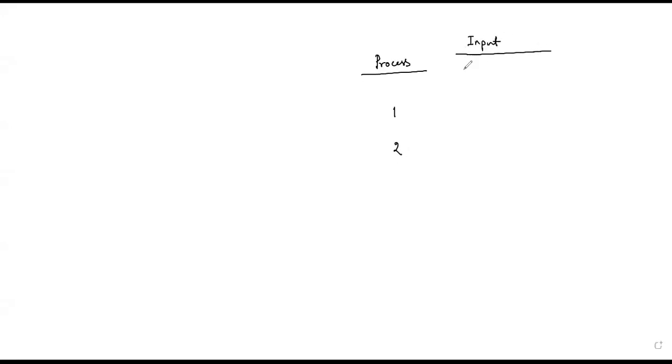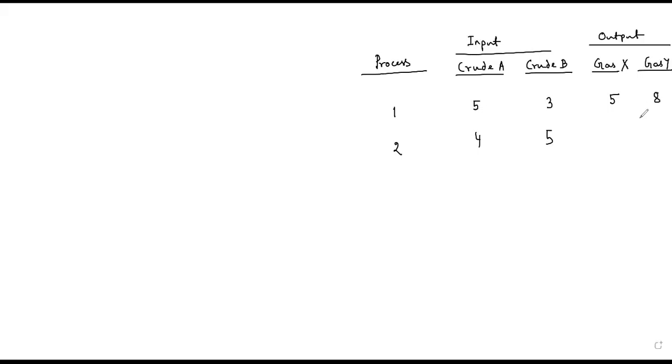In input, we have crude A. In output, we have crude B. We have gasoline, I'm writing it in short, gasoline X, and here I am writing it as gasoline Y. Units are 5, 4, 3, 5, 5, 8, 4, 4.